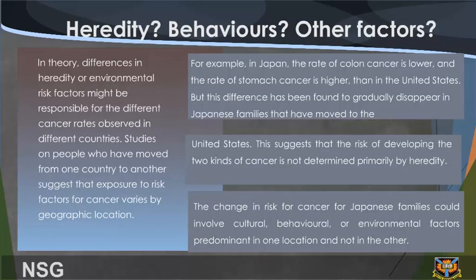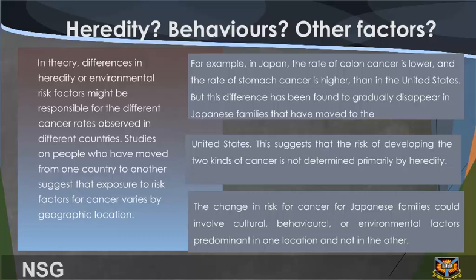Heredity, behaviors, other factors. In theory, differences in heredity or environmental risk factors might be responsible for the different cancer rates observed in different countries. Studies on people who have moved from one country to another suggest that exposure to risk factors for cancer varies by geographic location. For example, in Japan, the rate of colon cancer is lower and the rate of stomach cancer is higher than in the United States.